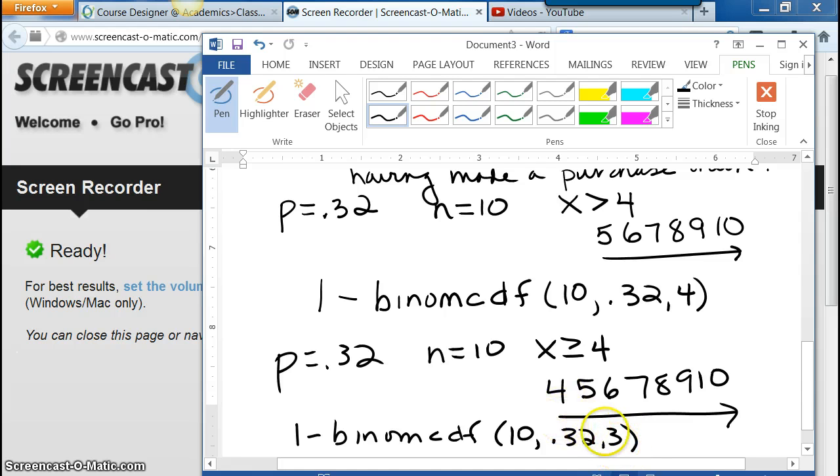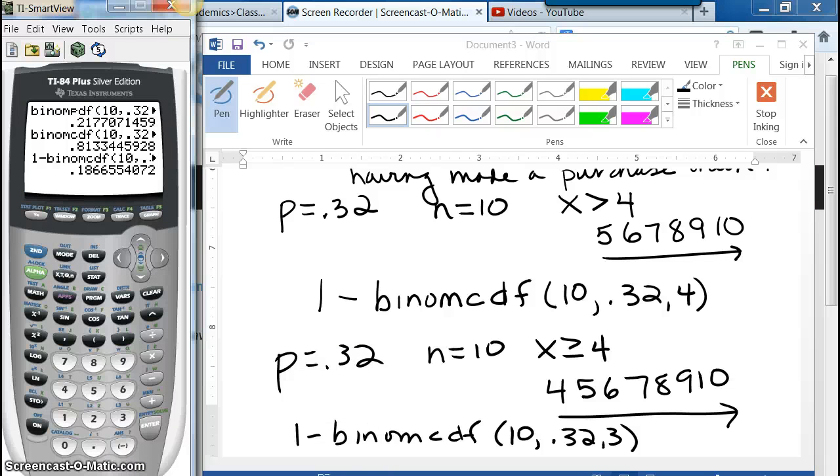And I want the complement of that, so that's why I'm doing 1 minus. You just have to try it a little bit and experiment with it and make sure that you can get it to work for you.